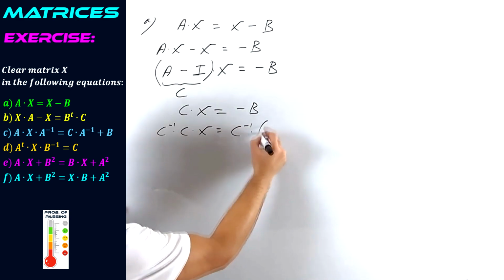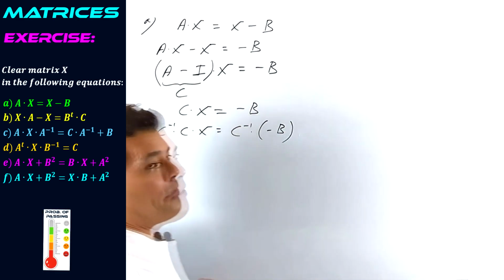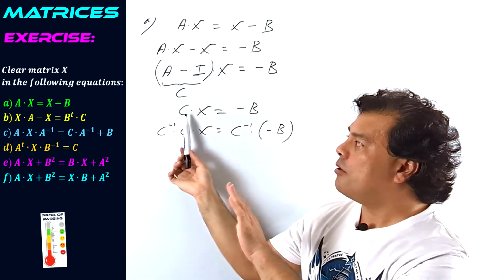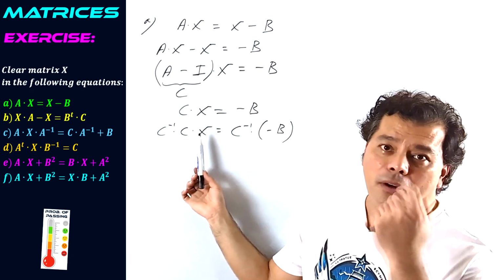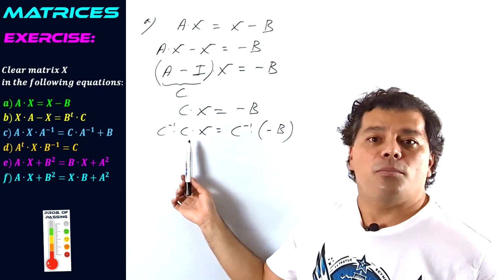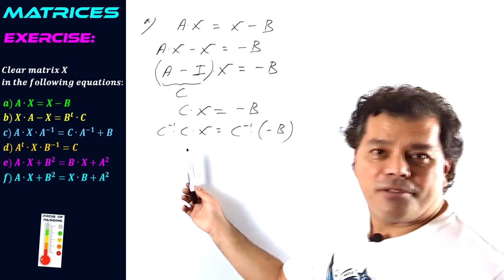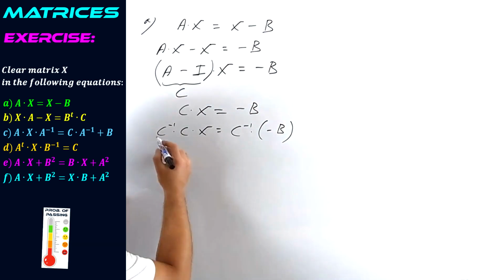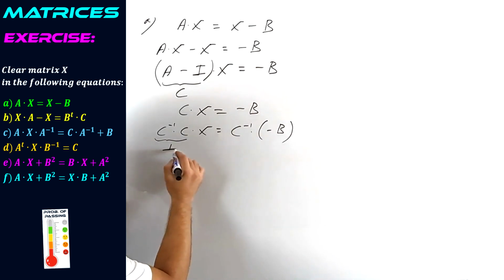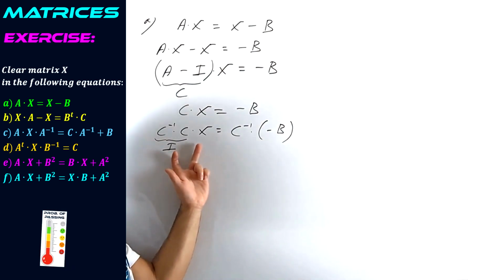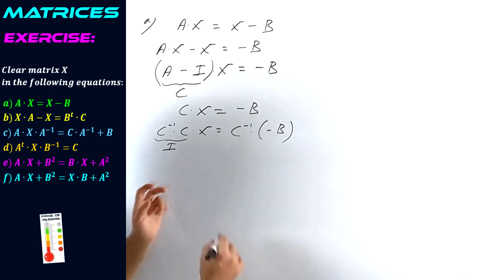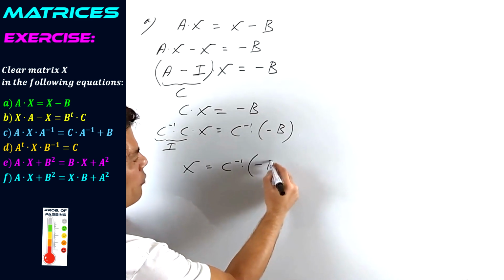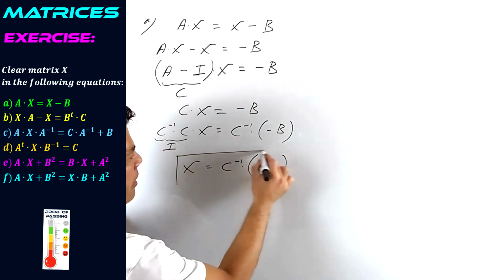It is very important to consider whether matrix C is at the left, as in this case, or at the right, because as you know, in this topic, there is no commutative property. And now, as usually, you know that every matrix multiplied by its inverse is the identity matrix. And the identity matrix multiplying matrix x is x. So this is the result of our matrix equation.